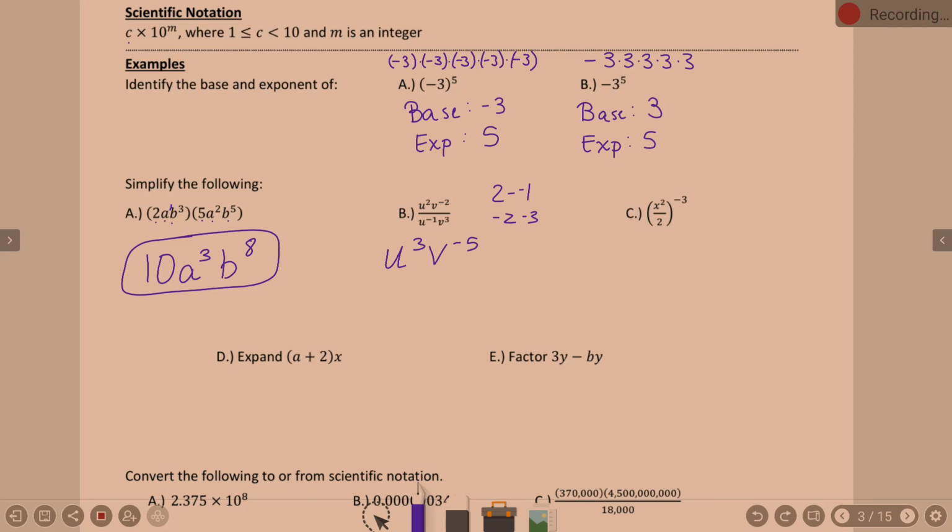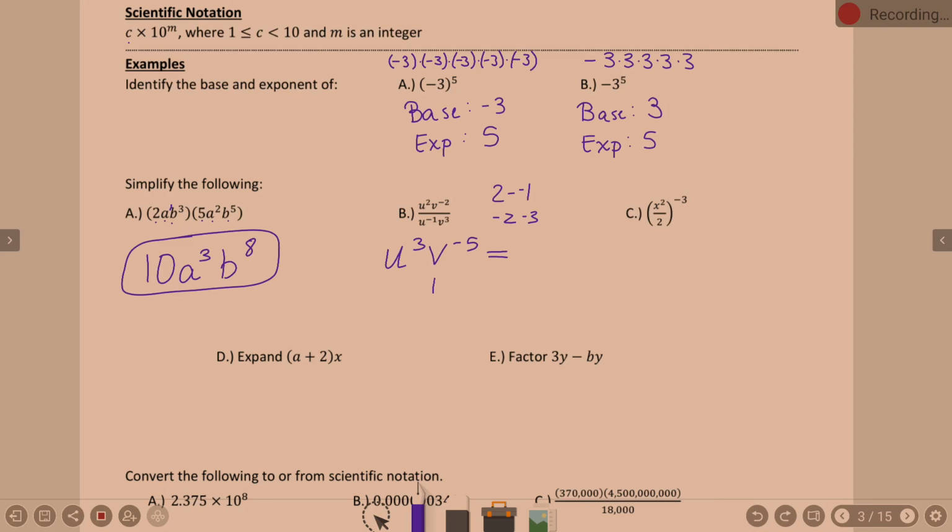If we're going in proper most simplified form, do I get to leave it like this? No, because we don't get to leave negative exponents. So, u to the third, it's good, right? It's already positive. Okay, so it's just going to stay. What about v to the negative fifth? Yeah. So it moves to the denominator, right?